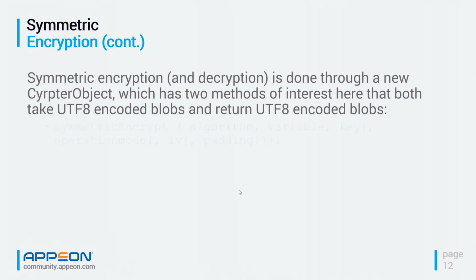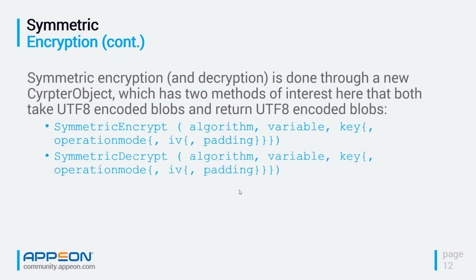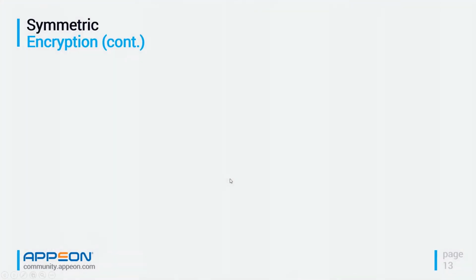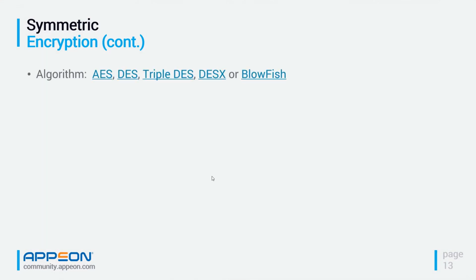There are a couple of different methods we're going to use to do symmetric encryption, basically encrypt and decrypt. Both functions take an algorithm, the data that you want to encrypt, and a key, and then depending on the algorithm you want to use, they can have an operational mode, an IV, and a padding as well. So you need to refer to the documentation for the particular encryption method that you want to use to determine what you're going to have to pass.